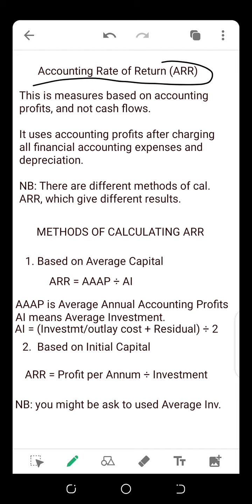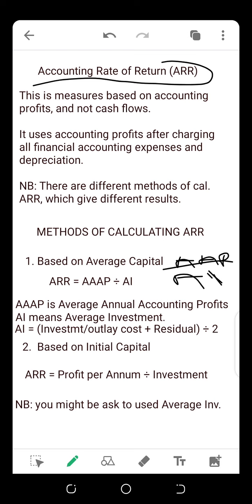You can calculate it based on average capital. If you are calculating based on average capital, ARR, which is accounting rate of return, equals AAP divided by average investment. That is what they are trying to say there.